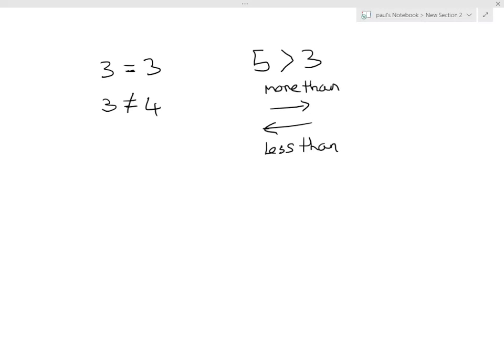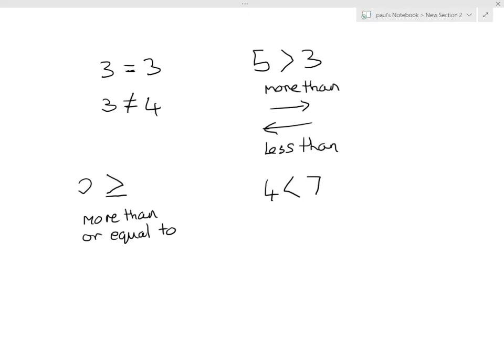So this sign can be flipped. 4 is less than 7, yeah, or 7 is more than 4. So you can have it both ways, and you can read it left to right, right to left. Now, other symbols are this. There. Now this means more than or equal to.